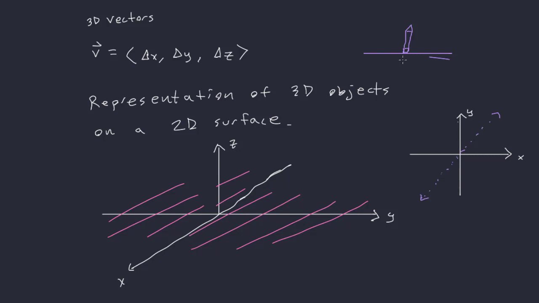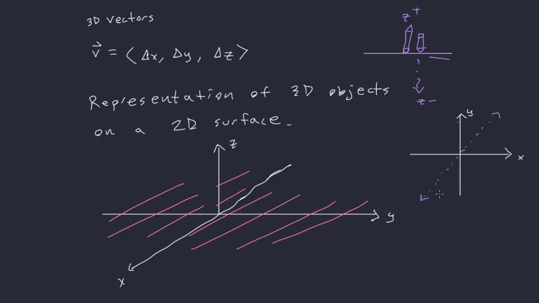If I were to point the pencil into the wall, that would be the negative z. So this would be z negative, and this would be z positive, okay?